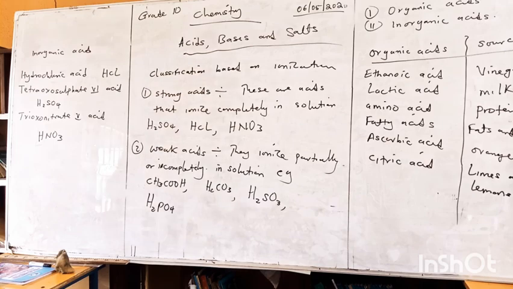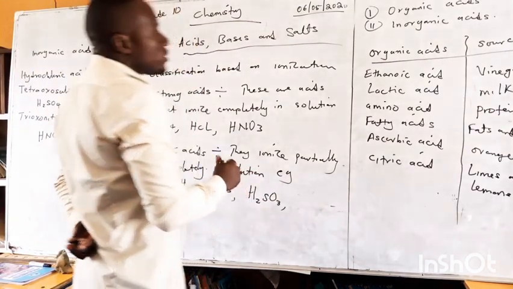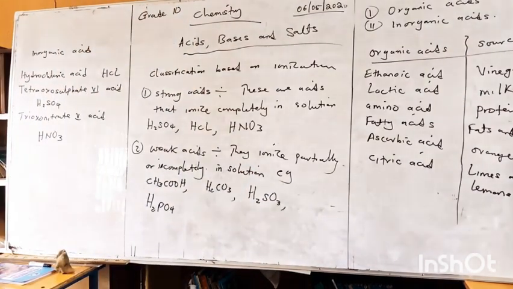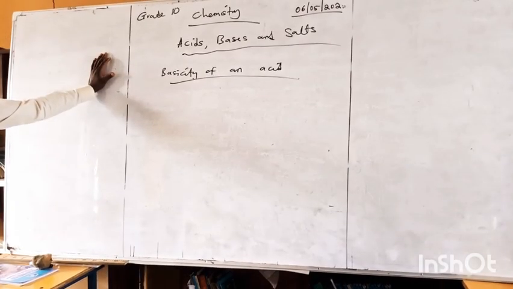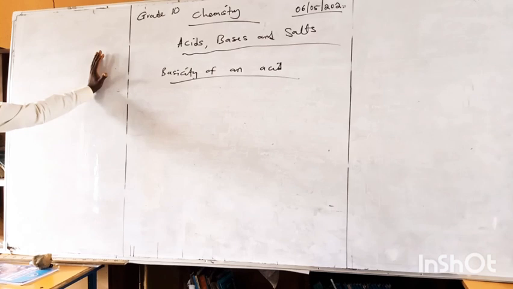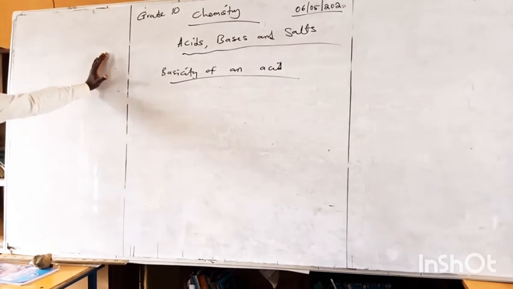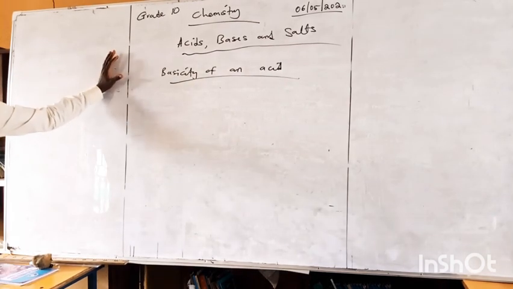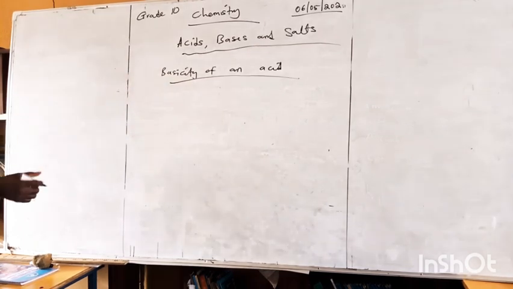Now, let us look at the basicity of an acid. What is basicity of an acid? What do you understand by basicity? Basicity of an acid is simply the number of replaceable hydrogen ions in one molecule of an acid.